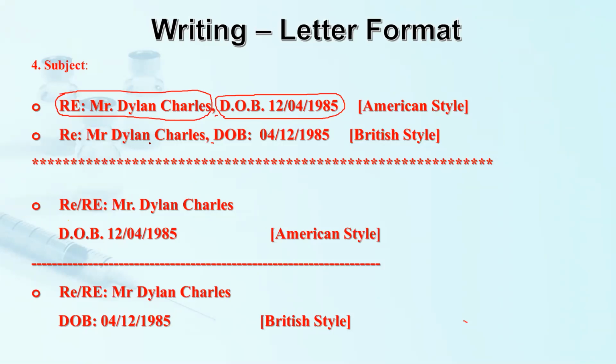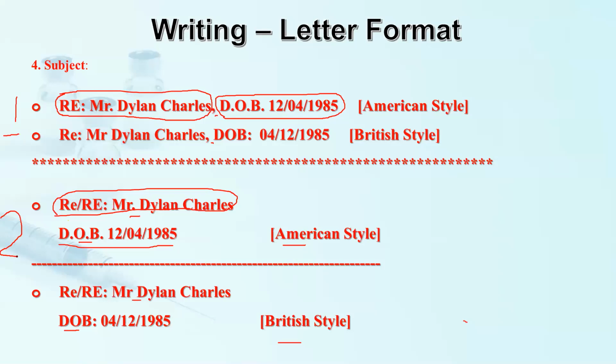The second option we have, you can write the first part, which is the name of the person or of the patient, sorry, and just under this name, you can write the date of birth. And you can choose to write in American or in British again. So simply, this is in American, okay, and this is in British. So the first one, this is the first option, comma with 1 space.